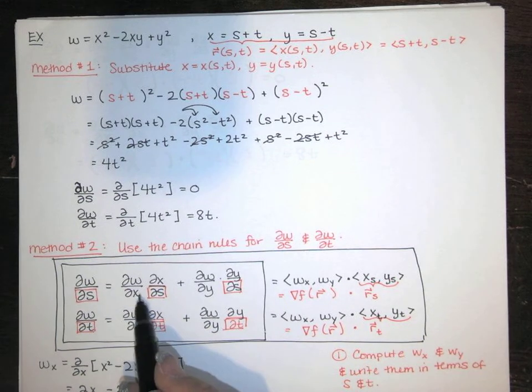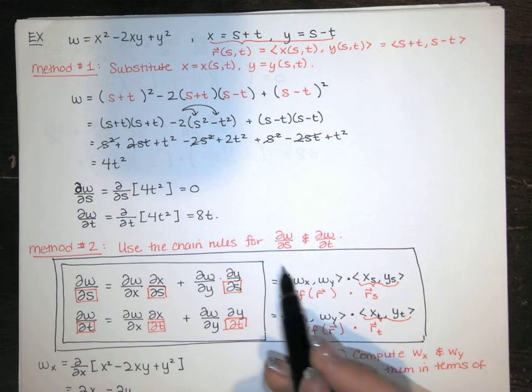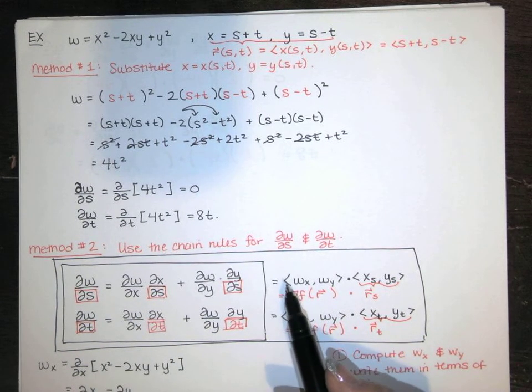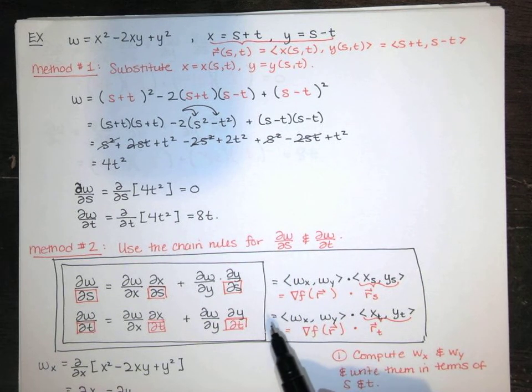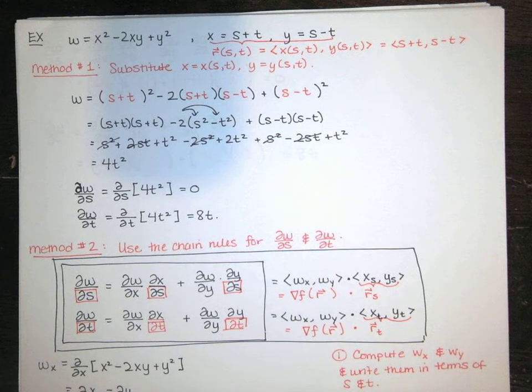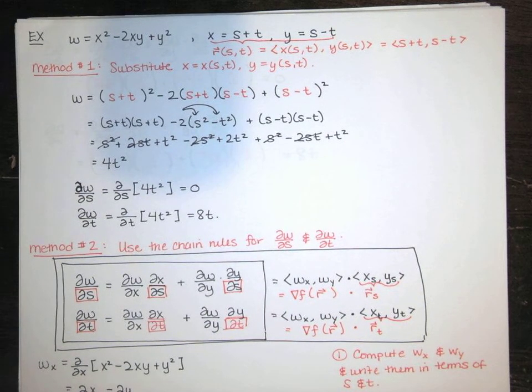But if w also depends on z, we're going to have a z term here, plus the partial of w with respect to z times the partial of z with respect to s, and the partial of z with respect to t for this second equation, excuse me. So let's do an example like that.